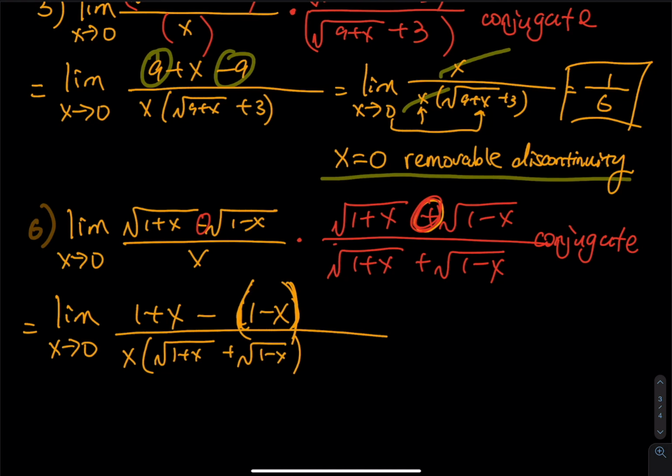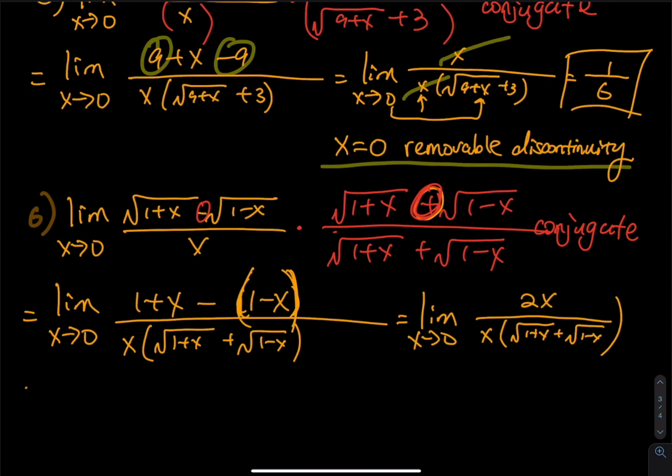On top, we have 1 minus 1. So the 1 is gone, right? And then we have x minus negative x, so that will be 2x. So this is 2x divided by x times the square root of 1 plus x plus the square root of 1 minus x. You get rid of the x, and then you can plug in, right?